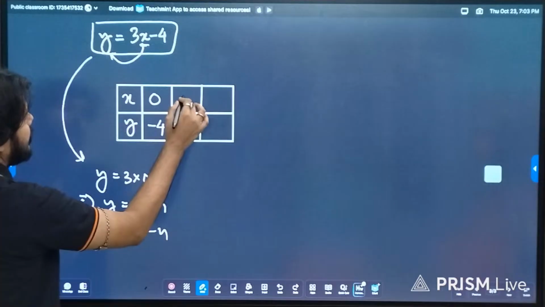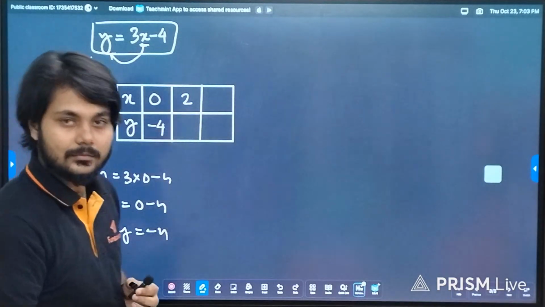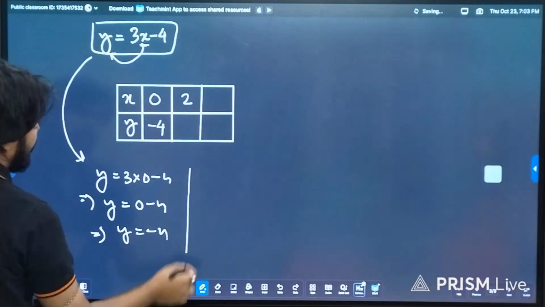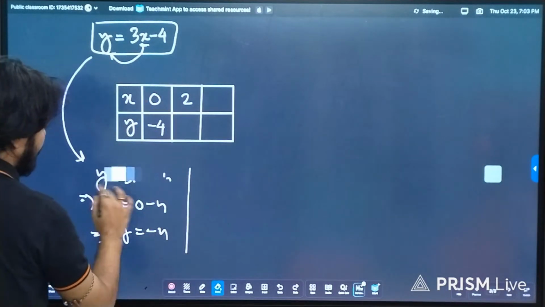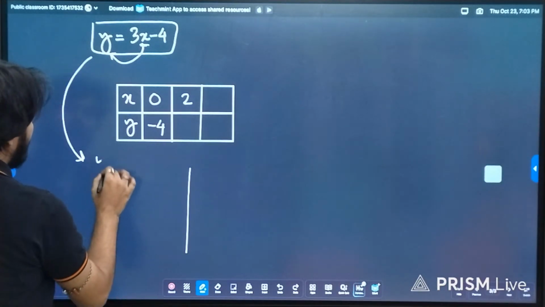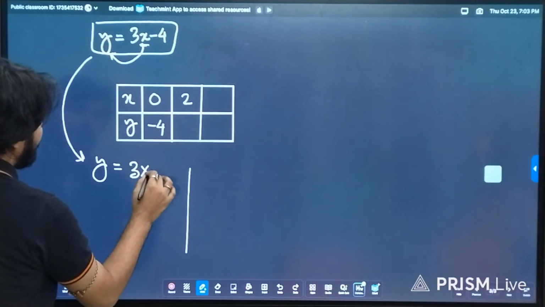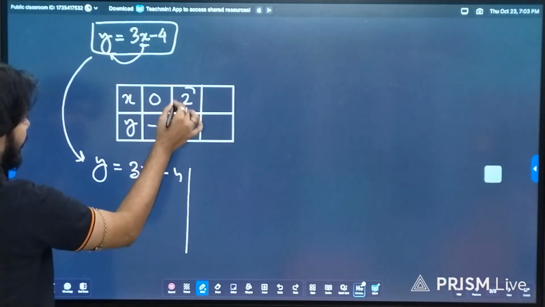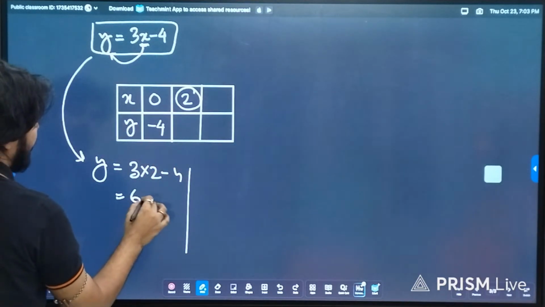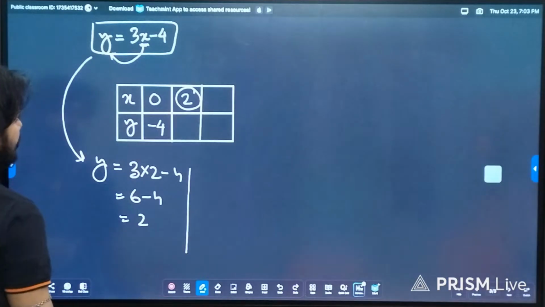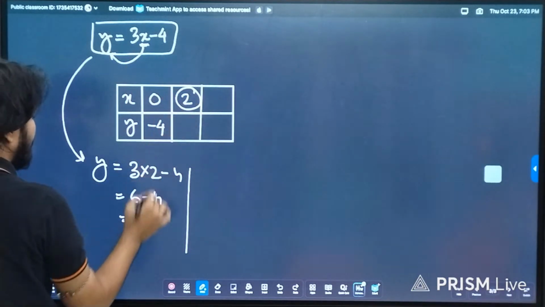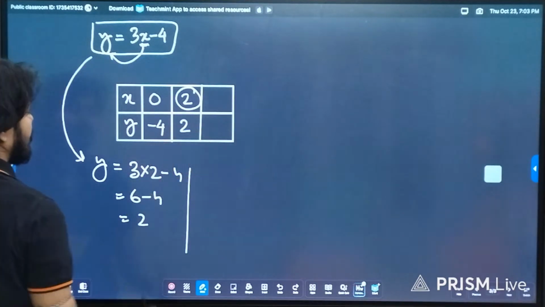Now take x as 2. Whatever you can take, I am taking 2. If you take the value of x as 2, then y equal to 3 into 2 minus 4, because we have taken 2 in the substitution of x. So 6 minus 4 we will get, which is 2.